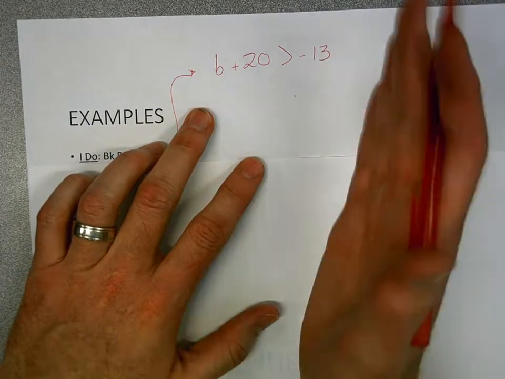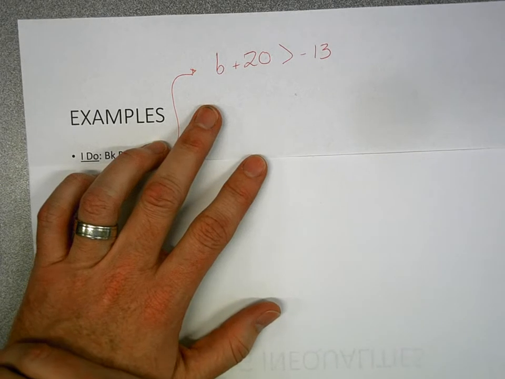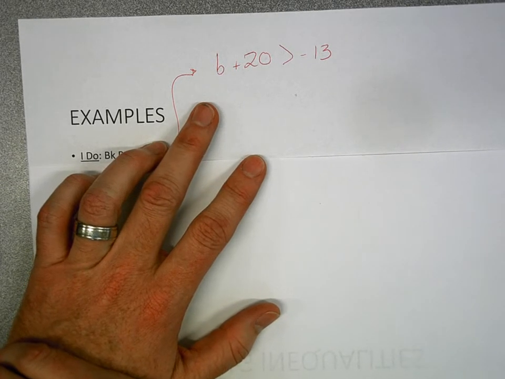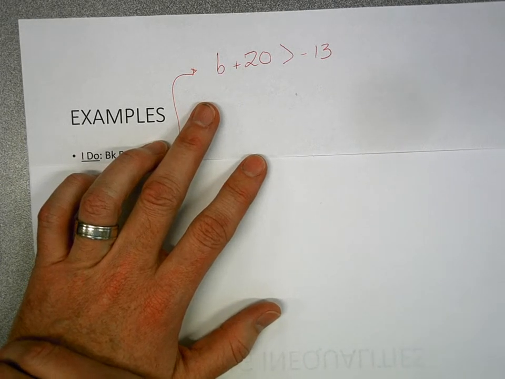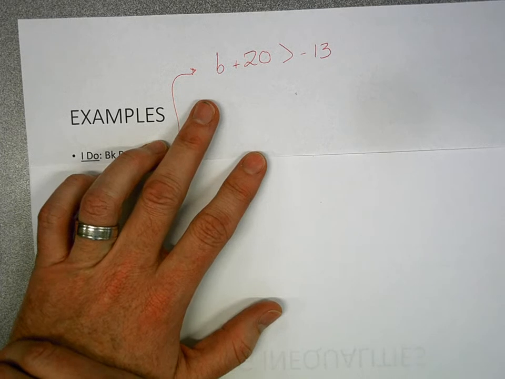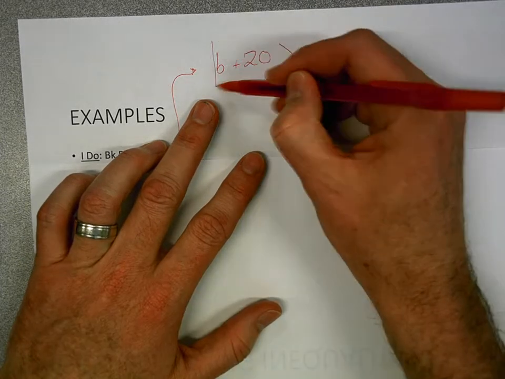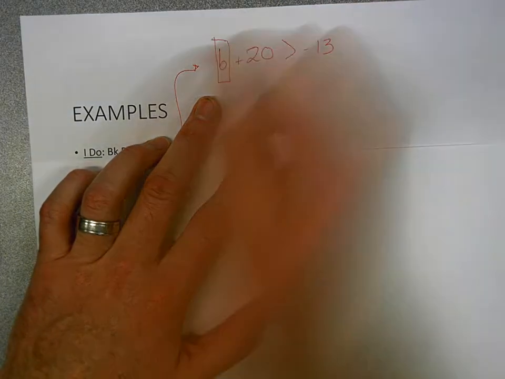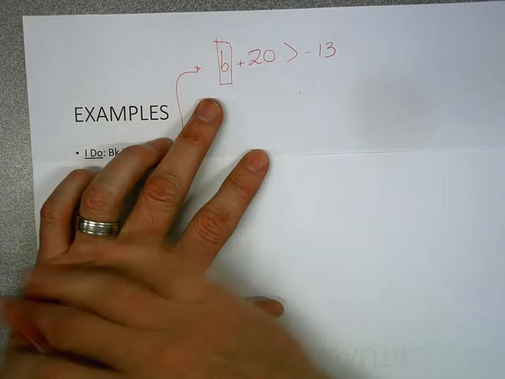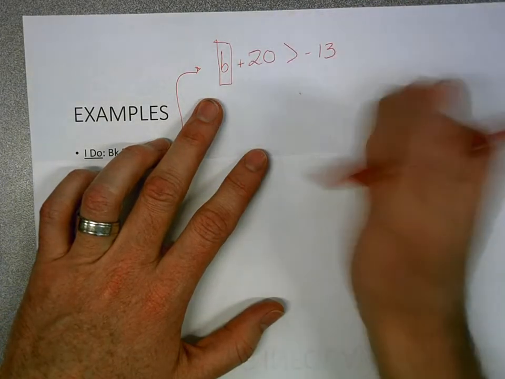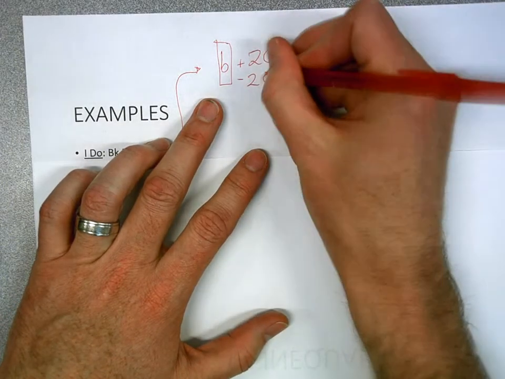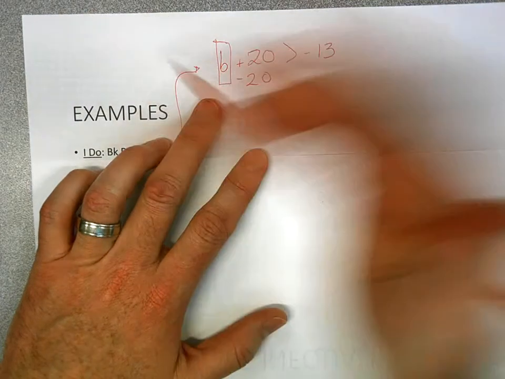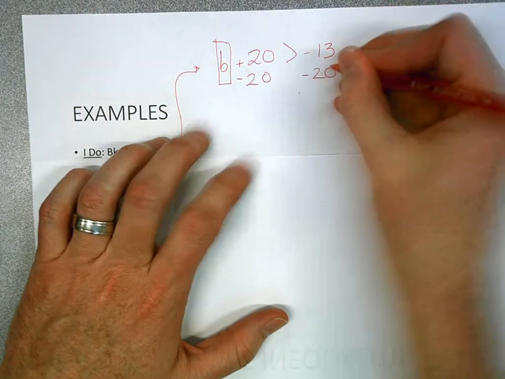This part anyway is exactly like solving a regular equation. It has a little bit of a different meaning like we talked about yesterday, but the steps are just the same. You have your variable, you stick to that side, you do the inverse operation. In this case, 20 is being added to b, so I'm going to subtract 20. Whatever we do to one side, we need to do to the other.